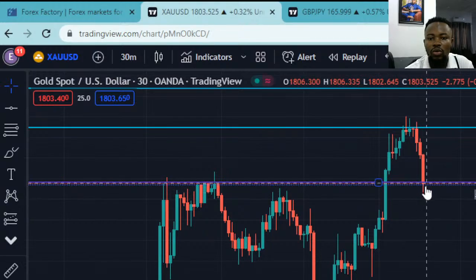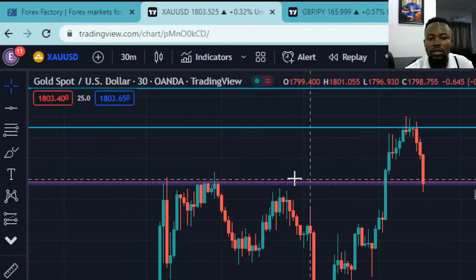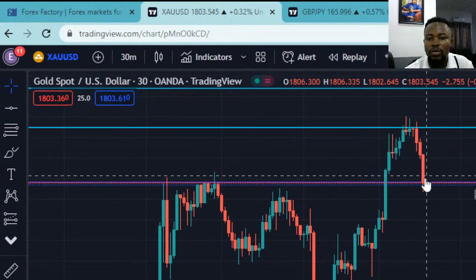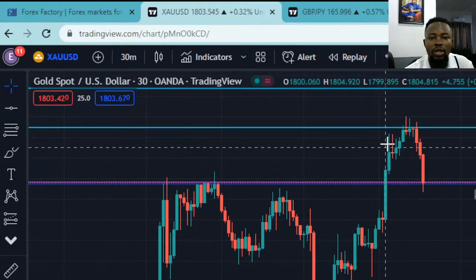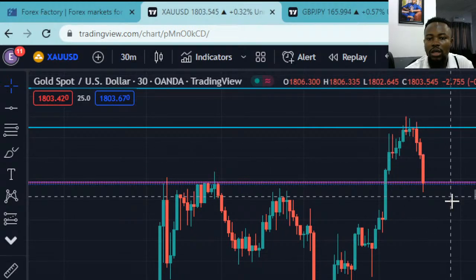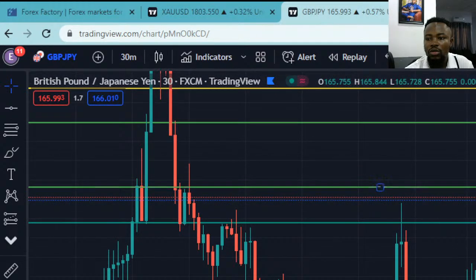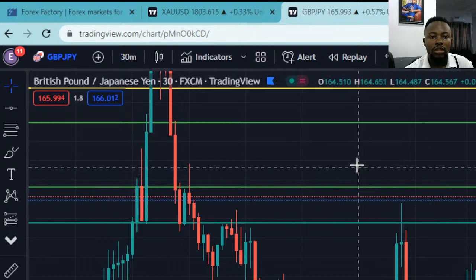This candle needs to close inside this resistance for us to know that, okay, this move to the upside, we are respecting the weekly resistance and the daily resistance, and we should continue moving down at that point. GJ needs to close above here for us to continue, because the trend is bullish.